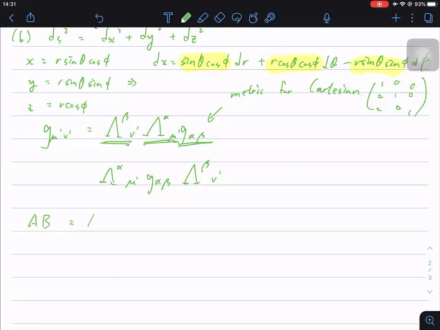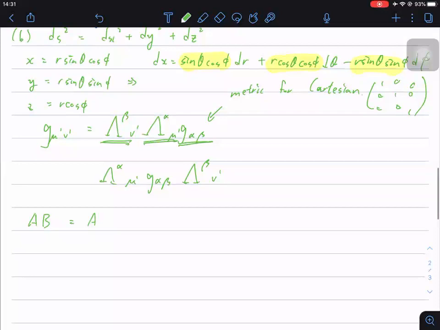If I write it down in index notation, the ij component of the result AB is this. Because the ij component of the final multiplication is just the sum of the multiplication of the i-th row of A and the j-th column of B.